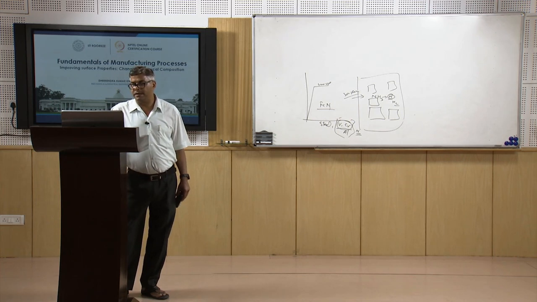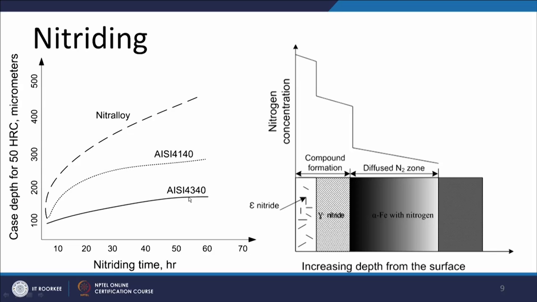So if we keep on increasing the nitriding time, the amount and the depth up to which nitrogen will be introduced at the surface will increase. So what we can see here is increasing depth of the nitride layer, which will be produced for a minimum hardness of, say, 50 HRC.